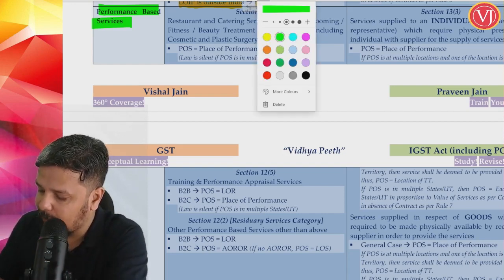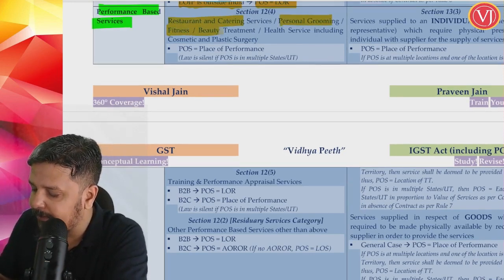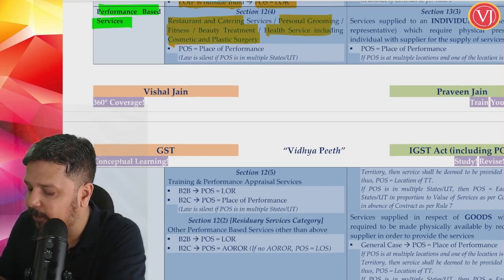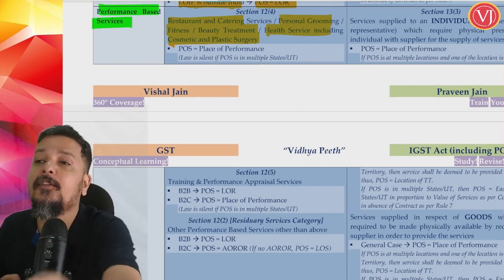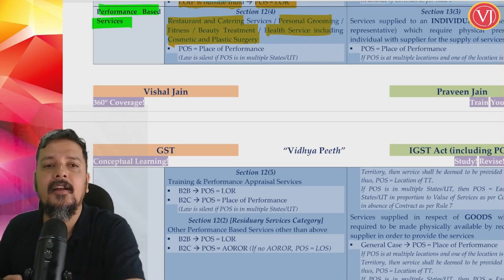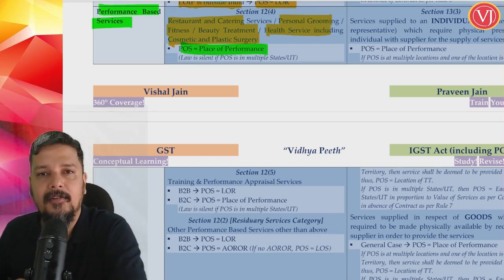Now, one type of performance-based services is your restaurant, outdoor catering, personal grooming, fitness, beauty treatment, health services, including cosmetic and plastic surgery. If you look at all these performance-based services, performance is on the individual. In such cases, they tell that the place of supply is the place of performance.